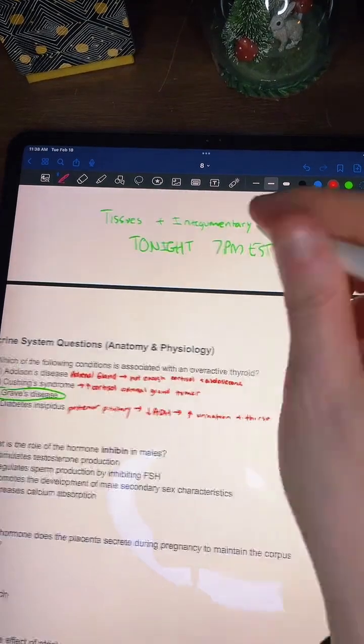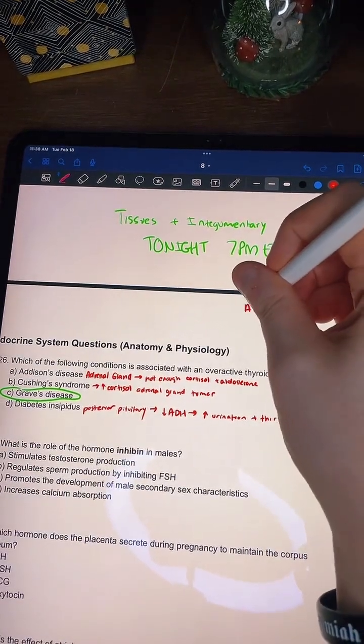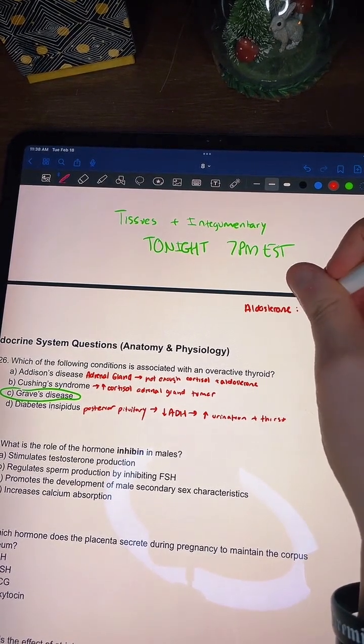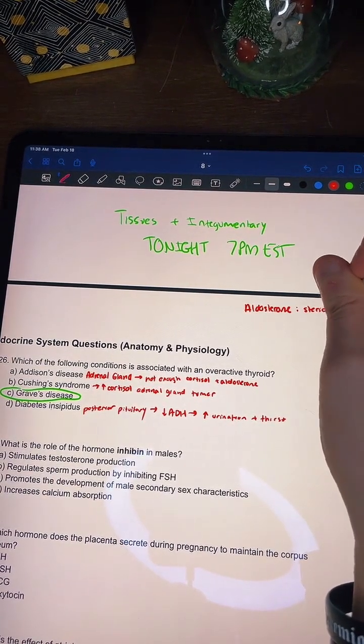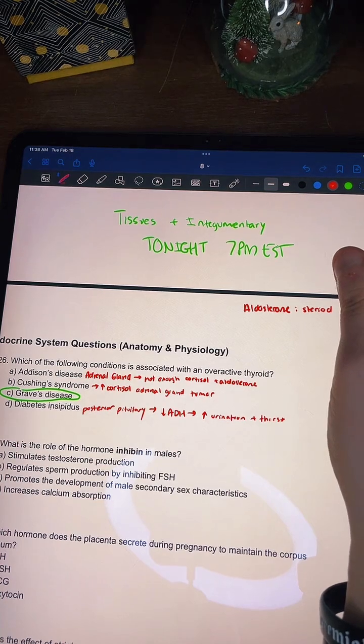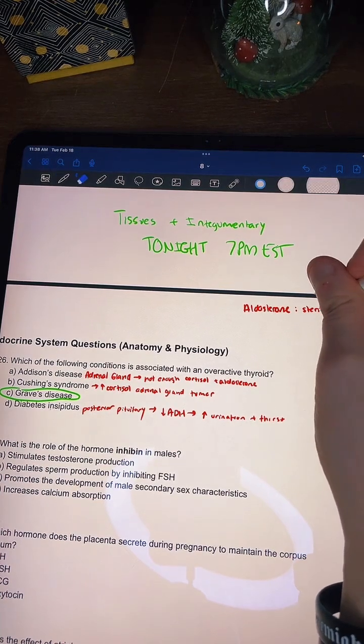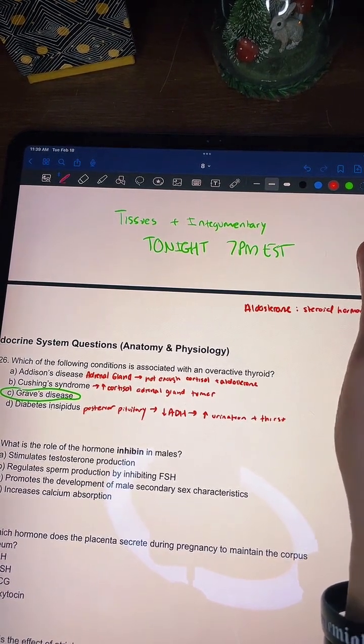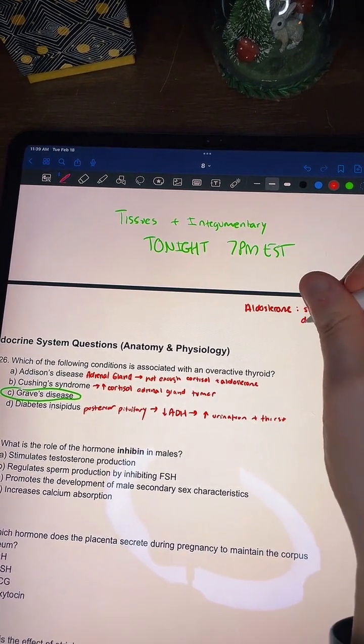I'll make a little section over here for it. Aldosterone is a steroid hormone. Yeah, I spelled that wrong. It's produced in the adrenal glands, as I mentioned.